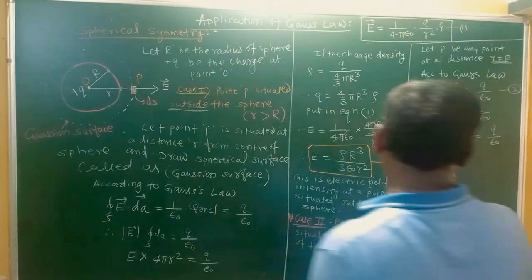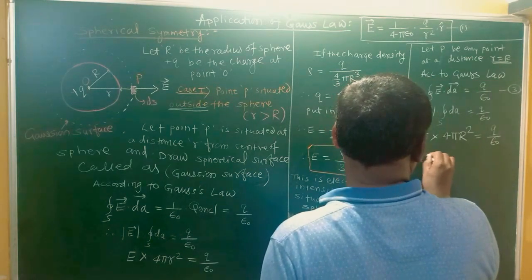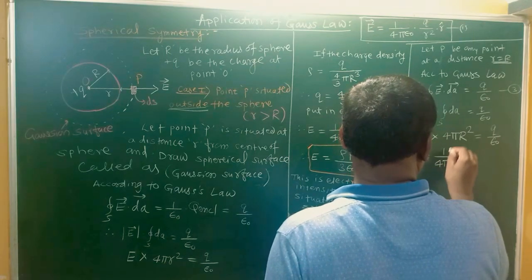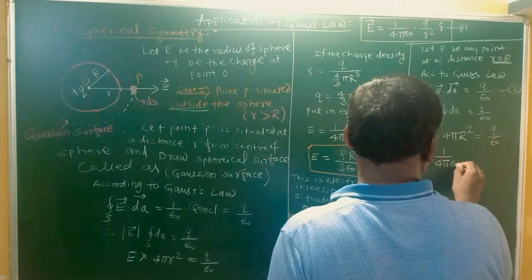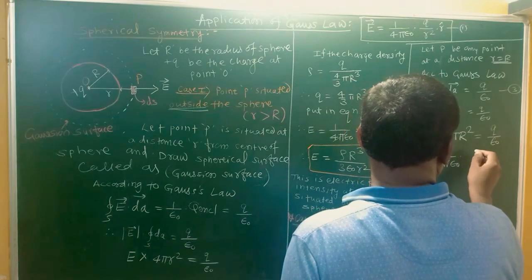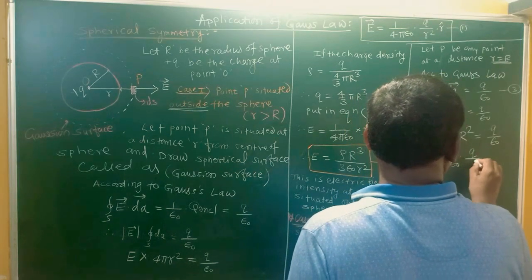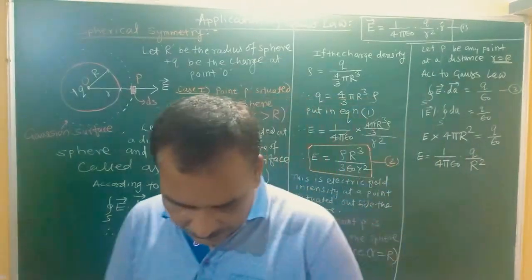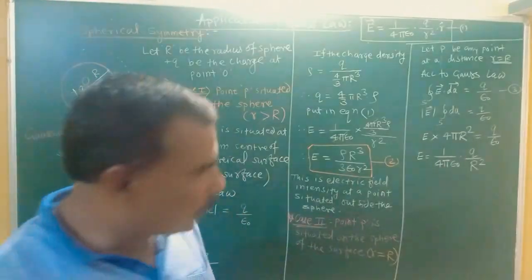And finally we get E is equal to 1 upon 4 pi epsilon naught into Q divided by R square. This is the electric field intensity we have to consider here.